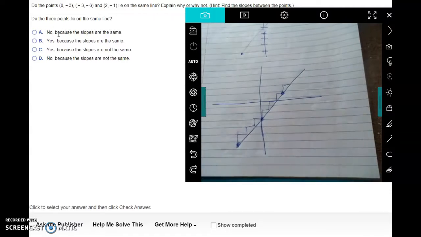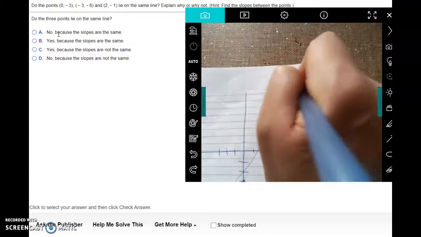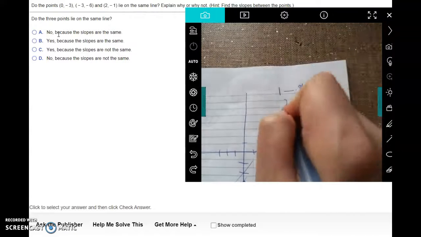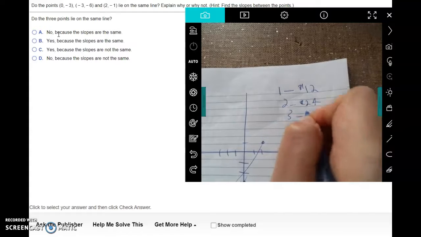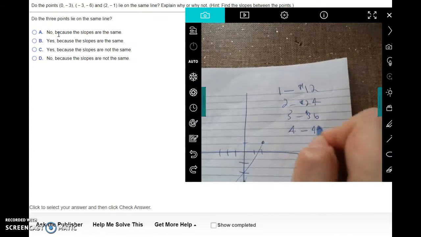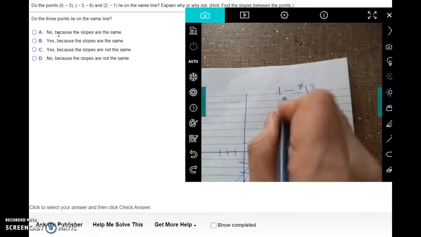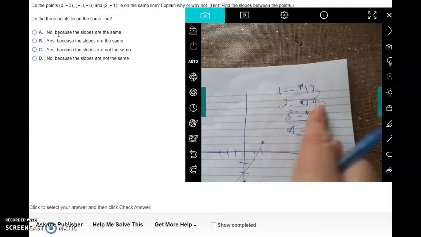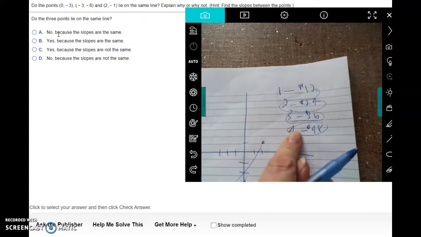Let me put that in another context, like a rate. For example, if you make $12 in 1 hour, then in 2 hours you make $24. In 3 hours you make $36. In 4 you make $48. These all have the same slope, right? If you take 12 divided by 1, the rate is the same on all of these, because they're proportional.